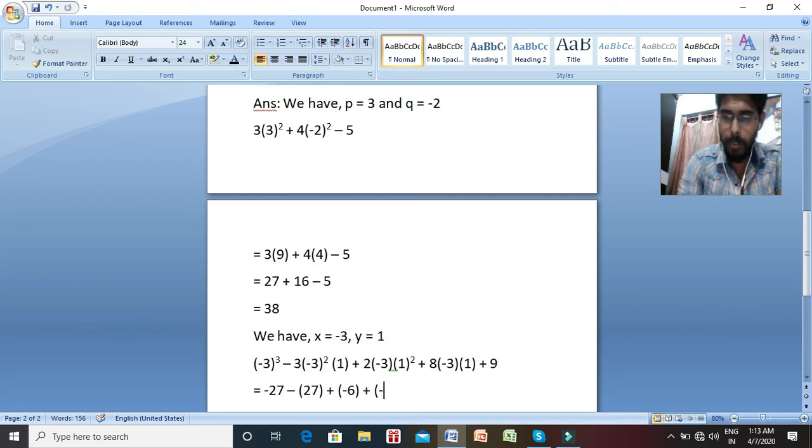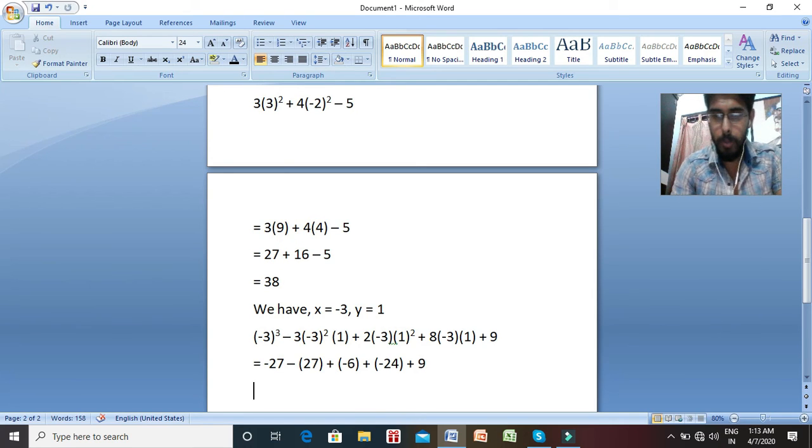Okay, and plus 9 to end it. So in total what we have got, negative 27, again negative 27, negative 6, negative 24, and positive 9, plus 9 to end it.